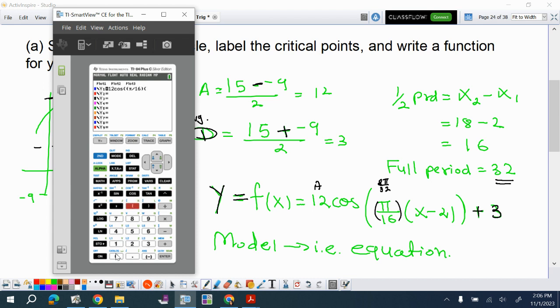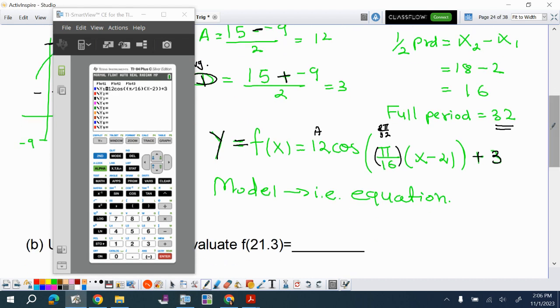This is the x minus 2. Close the parentheses. Another parenthesis, plus 3, and enter. Okay, so one more time, check your equation. 12 cosine, extra set of parentheses because of the fraction, x minus 2, close the two parentheses, and plus 3. Okay, so I'm keeping this equation in the calculator.